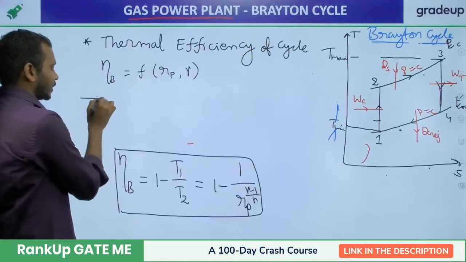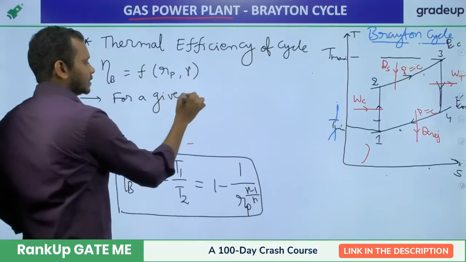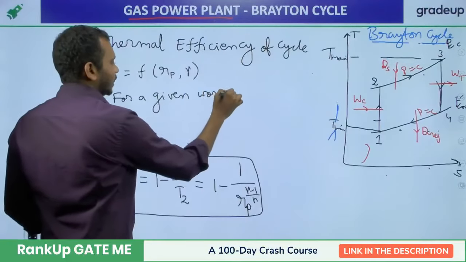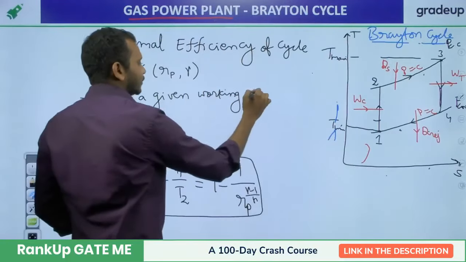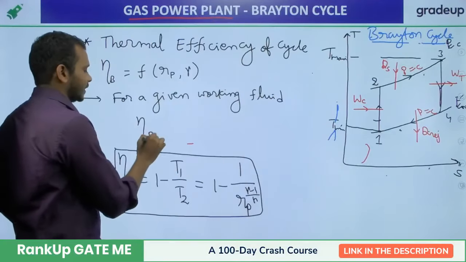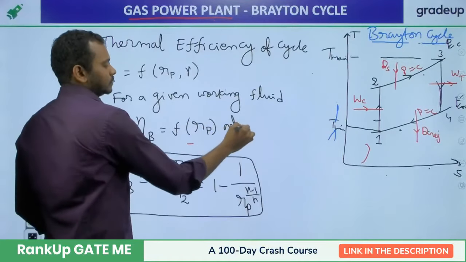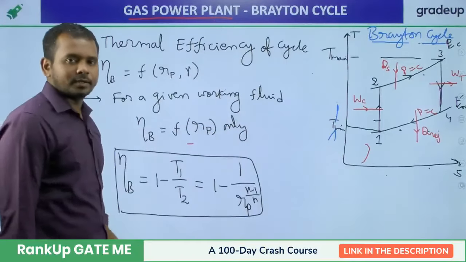But for a given working fluid, if the working fluid is fixed, then gamma is fixed, since gamma depends on the working fluid only. So for a given working fluid, the Brayton cycle efficiency is just a function of pressure ratio only.